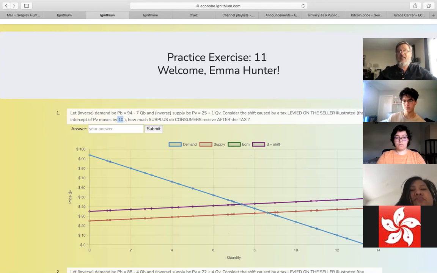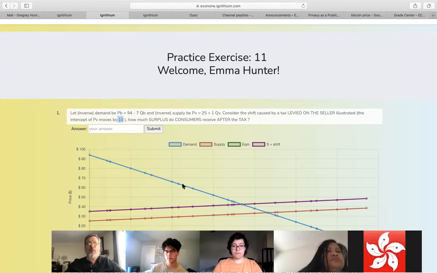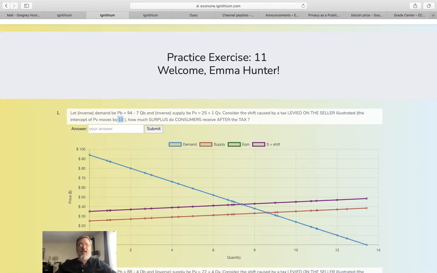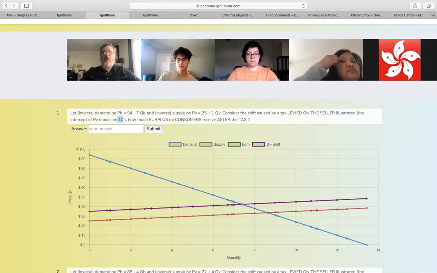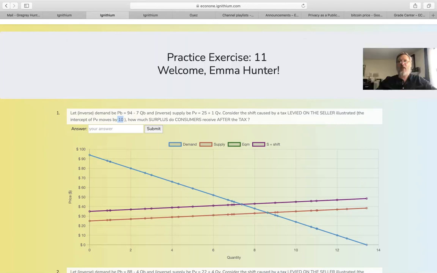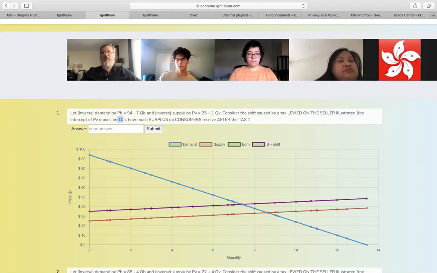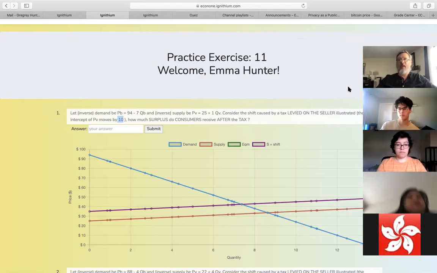So it says here, consider the shift caused by a tax that's levied on the seller, illustrated below. How much surplus do consumers receive after the tax? This is actually a pretty easy problem, and it is just like our problems where we talked about a shift in demand and supply.